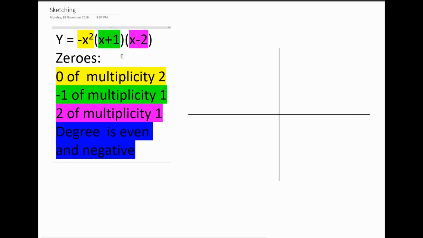So the degree is even, but the coefficient is negative. With the degree even and the coefficient negative, we can assume that the end behavior tends to go like this. The leftmost side of your graph tends to go down, and the rightmost side of your graph tends to go down. After knowing that, we try to plot all the zeros.